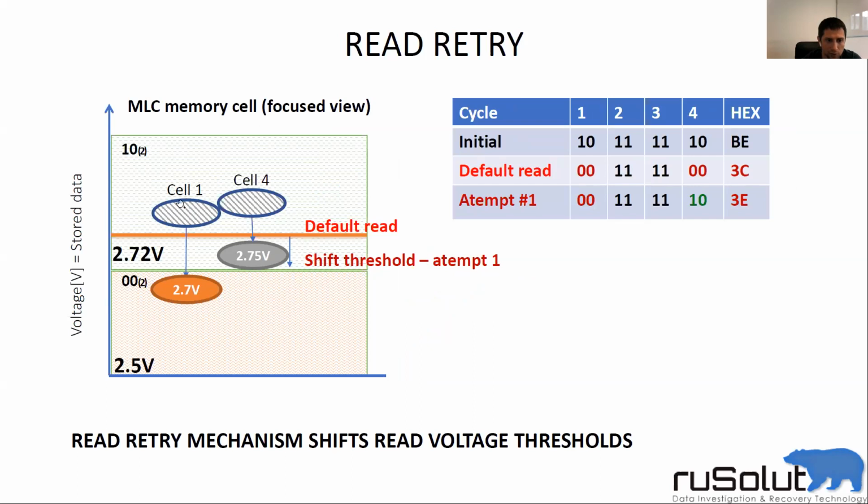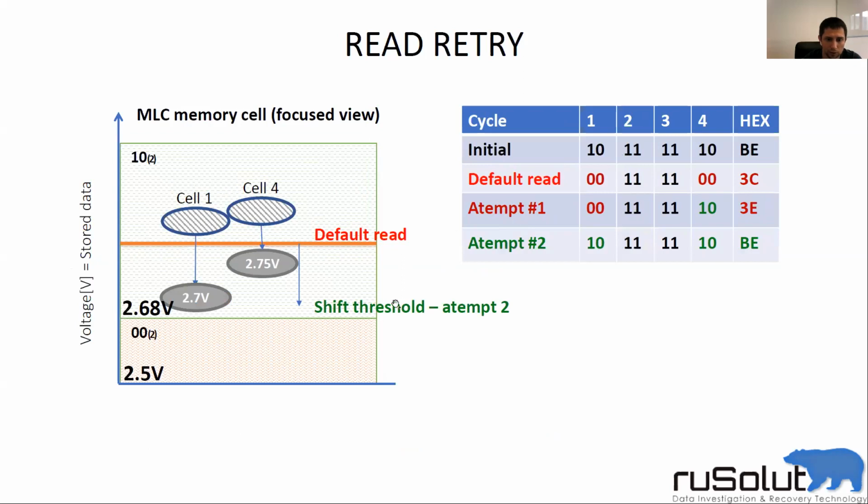It was the original charge of those cells and the default threshold. Now we shift it, and on the first attempt we can get this memory cell, and then we make one more shift, and we can read these two memory cells normally, and again, and we can get the original data back.